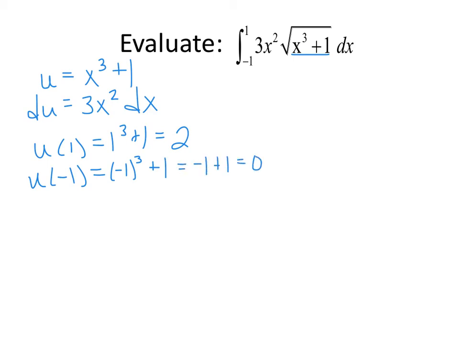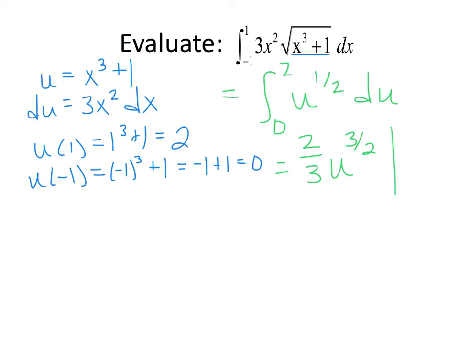So when I shift this and I write it in terms of my u, this is equal to the integral of u to the 1/2 du, but now my bounds go from 0 to 2. Okay, so I do my integral, so this is going to be u to the 3/2 times 2/3, evaluating from 0 to 2.